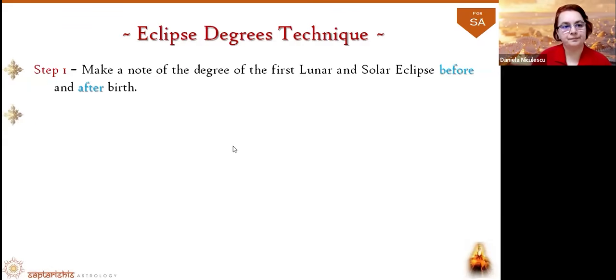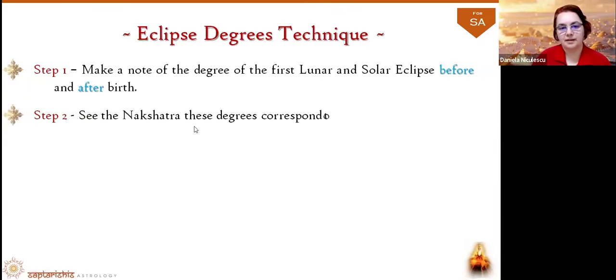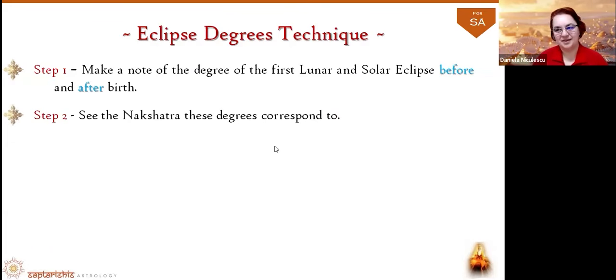Second step, see the nakshatra, because Sunil sir has taught this in a nakshatra class. You can see the nakshatra of those degrees. So you noted the Moon's and Sun's degrees during the eclipse, and you see where those degrees fall, in which nakshatra.